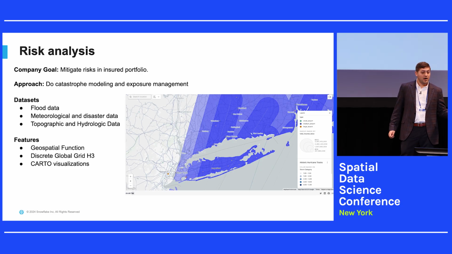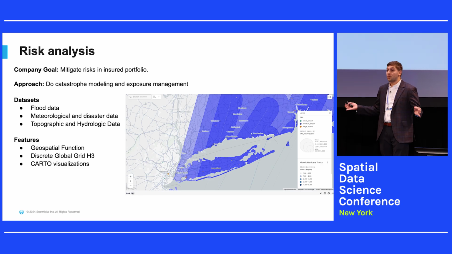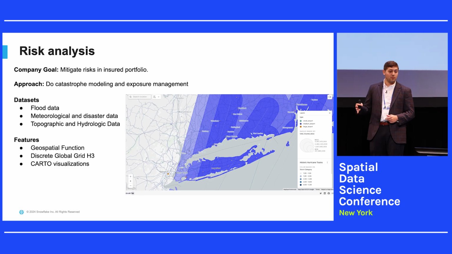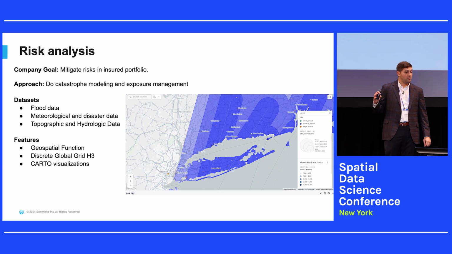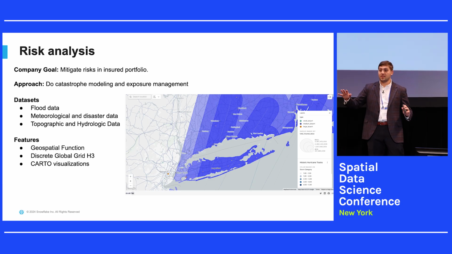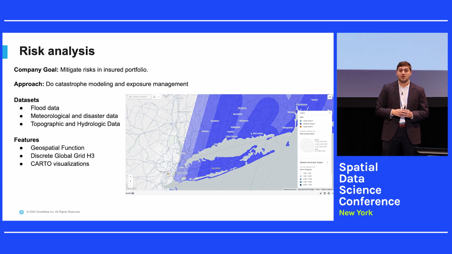The next one I want to talk about is risk analysis. You take a big insurance company that wants to mitigate risk in their portfolio, and they need to be able to overlay various flood lines and other things like that alongside their properties. This is only becoming more and more important.